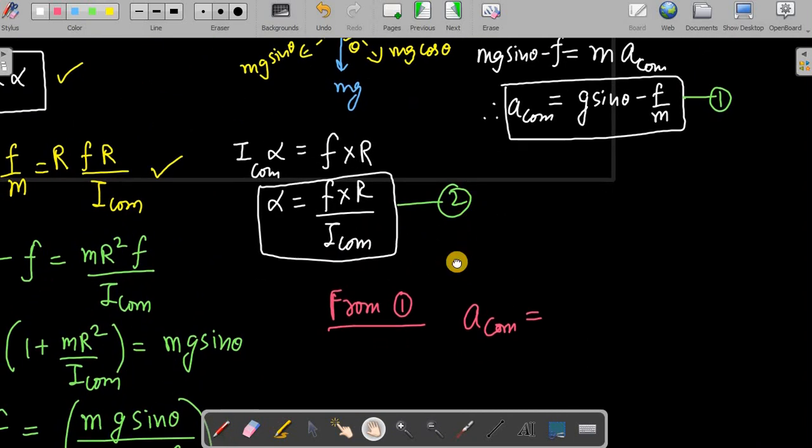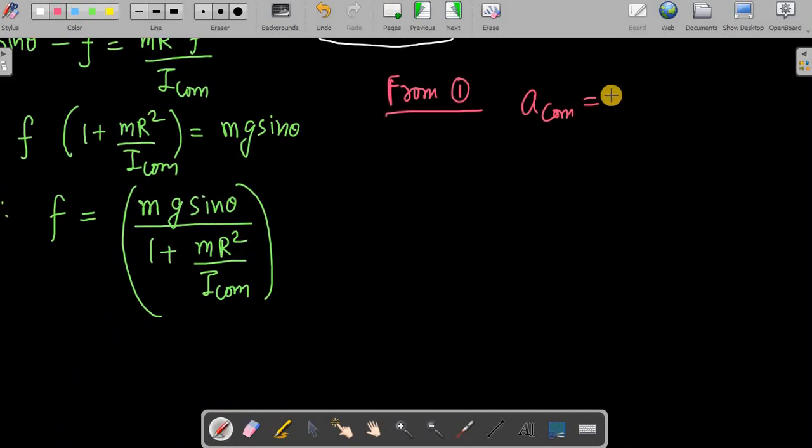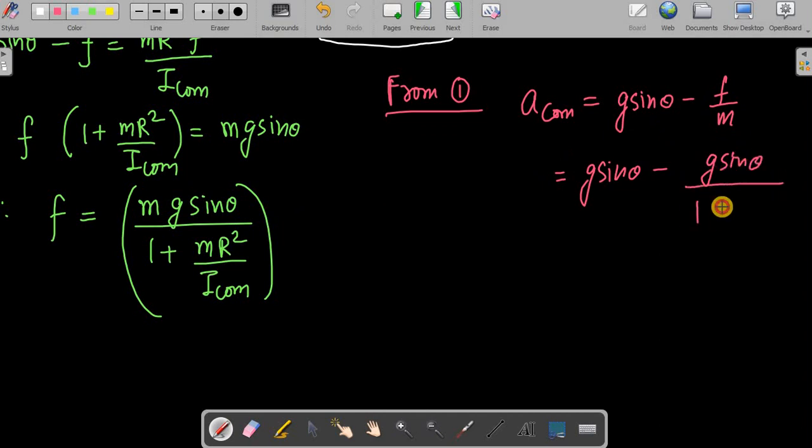G sin theta minus F by m. So g sin theta minus friction by mass, that becomes g sin theta minus g sin theta over 1 plus m r square by I center of mass.